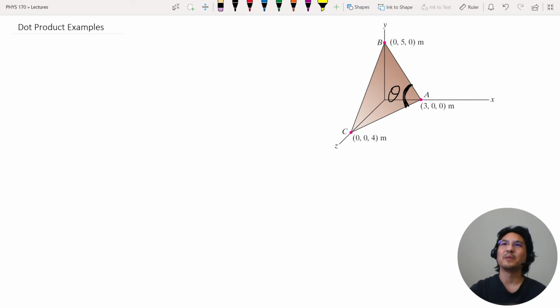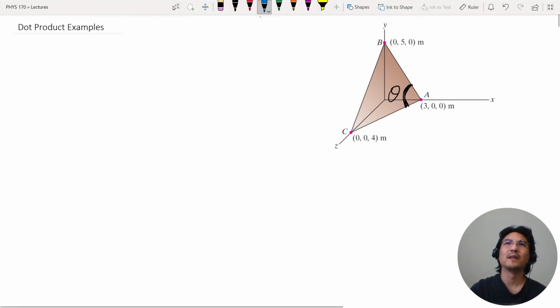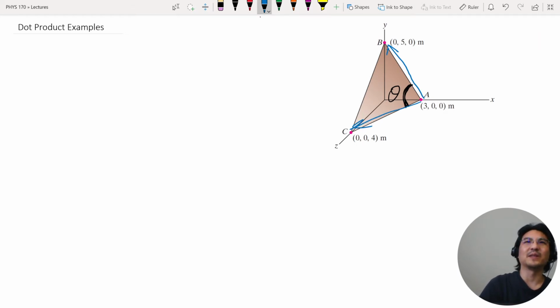So let's say we define a vector from A to B and a vector from A to C. So I'll call that, let's say, vector R from A to B, like this. And then we'll define another vector, I'll call it R, from A to C.